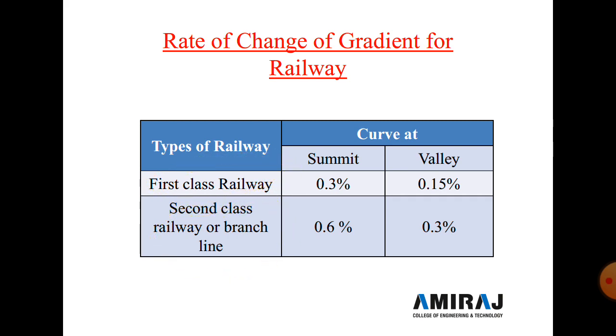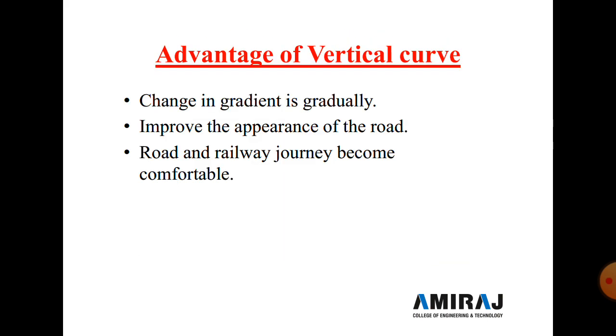The curve values in percentage are given. For the first class railway, the summit curve is 0.3%, and the valley curve is 0.15%. For a second class railway, the value is 2 times that of the first class railway network, so it's 0.6% and 0.3% for the summit and valley curve.